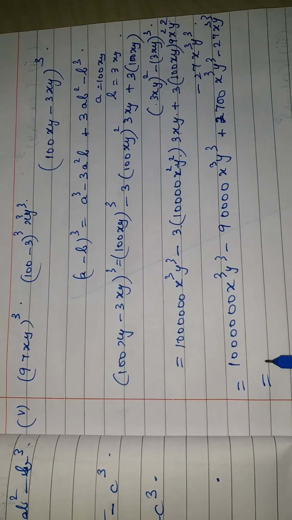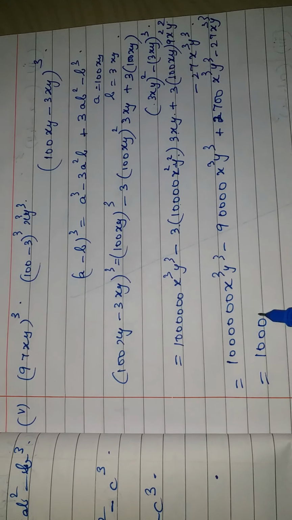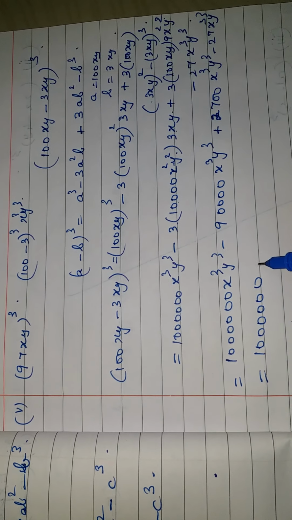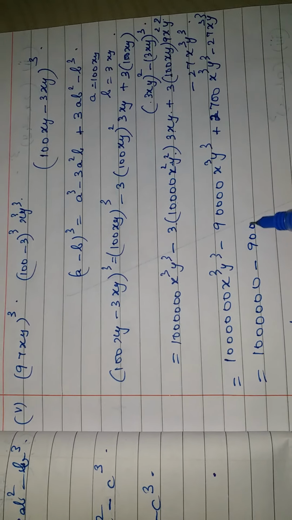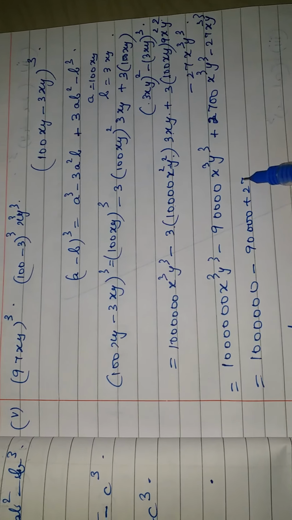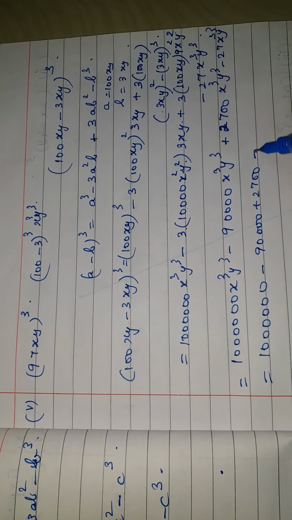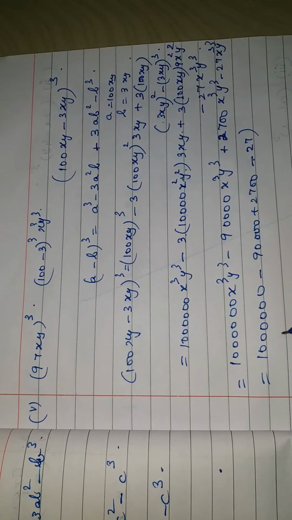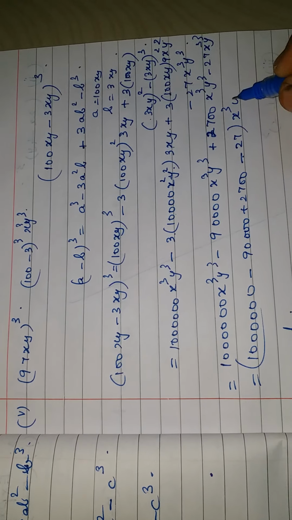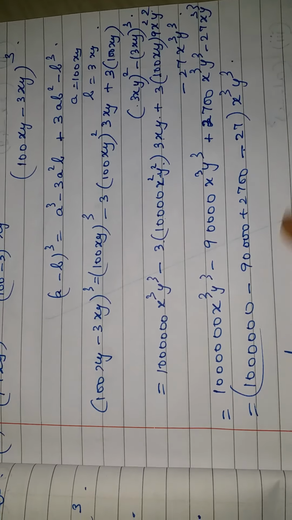So it is equal to 100 followed by 6 zeros minus 90,000 plus 2,700 minus 27 into x cube y cube. Take out x cube y cube commonly so that you can subtract the numbers.